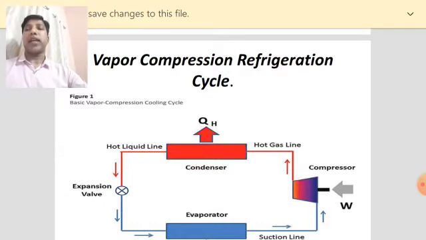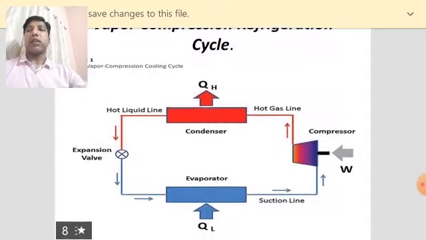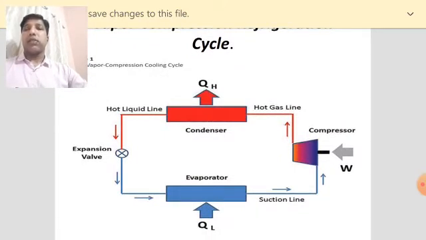The function of the compressor is to increase the pressure of a gas, whereas the condenser is to condense a gas. The expansion valve is used to expand a liquid so that its pressure and temperature can be reduced, and the evaporator is used for vaporization, that is when a liquid flows through the evaporator coil, the liquid vaporizes.